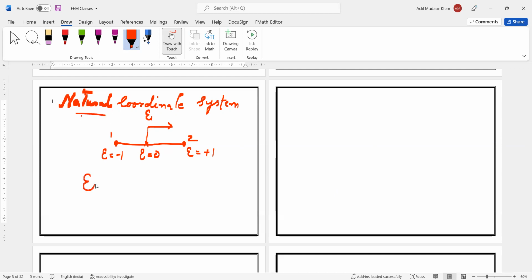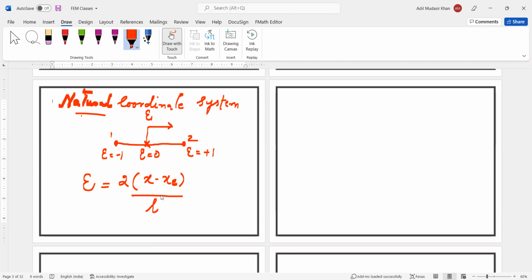We define zeta is equal to 2 times (x minus xe) divided by L. So what is this x minus xe divided by L? This xe is the coordinate of the center. So at the midpoint, x is equal to xe, therefore zeta is equal to 0.